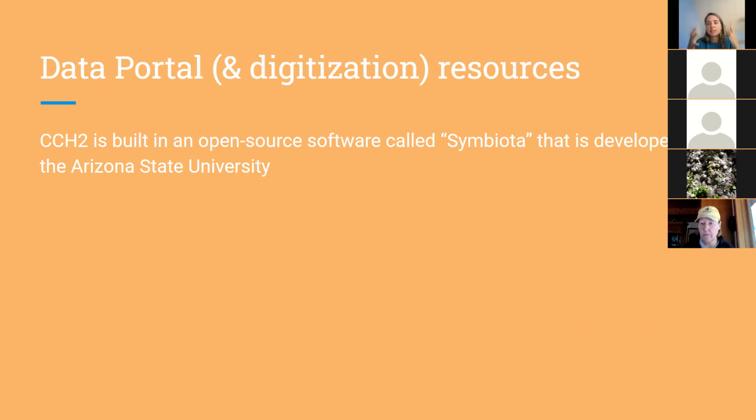So when you hear me say Symbiota, Symbiota Support Hub, that's talking about the software that is supporting CCH2. Things that are developed in the Symbiota code are then displayed in CCH2 because it uses that same software. A lot of the tools developed for Symbiota in general are applicable and useful for CCH2 users because we are using that software.